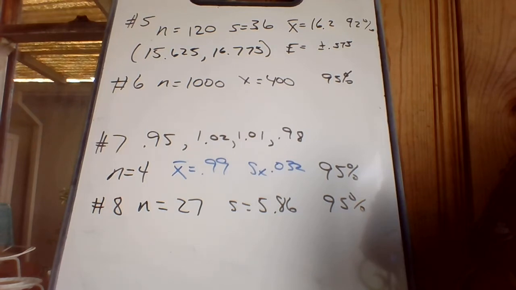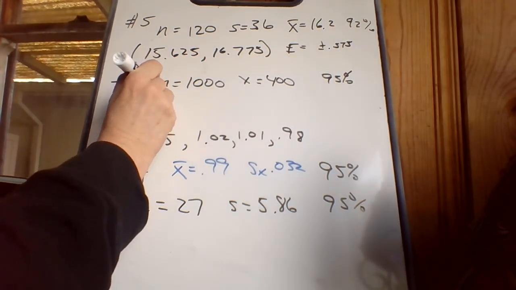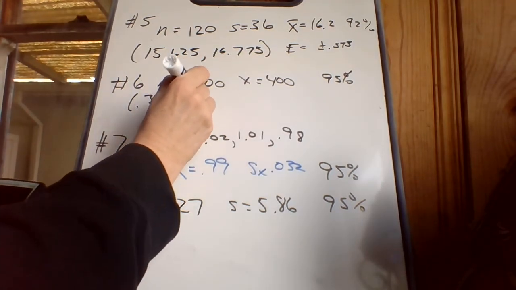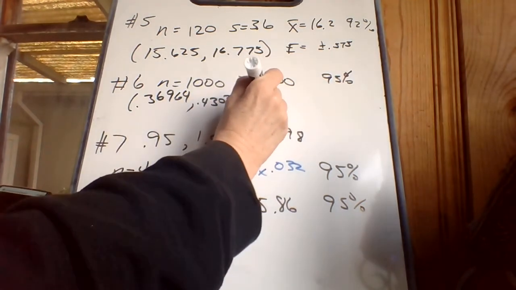Stat, tests, one prop Z interval. X is 400. N is 1,000. C level is 0.95. Calculate. 0.36964, 0.43036.